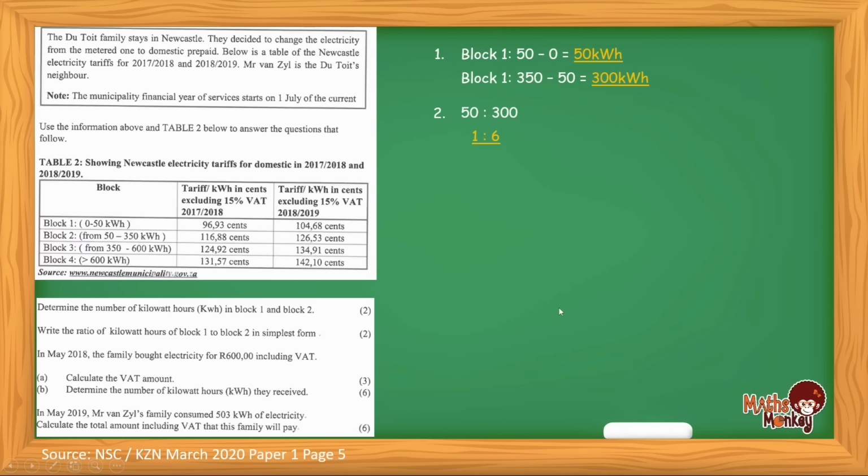Right, next question. In May 2018, the family bought electricity for 600 Rand, including VAT. So what are the important things I'm paying attention to here? I'm trying to see which tariffs this actually includes, because May 2018, if you notice in the information that's given, both of these blocks include 2018.